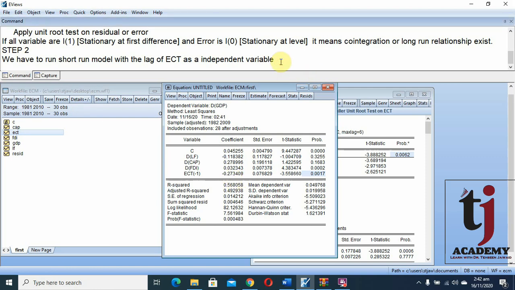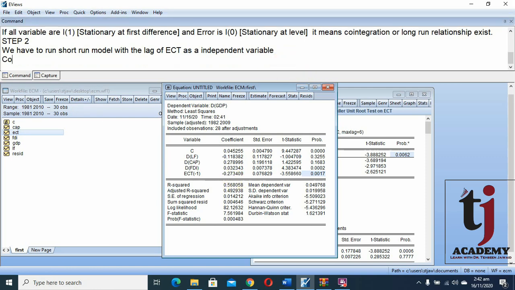Here the coefficient of ECT is 0.2734, which shows the speed of adjustment towards equilibrium.